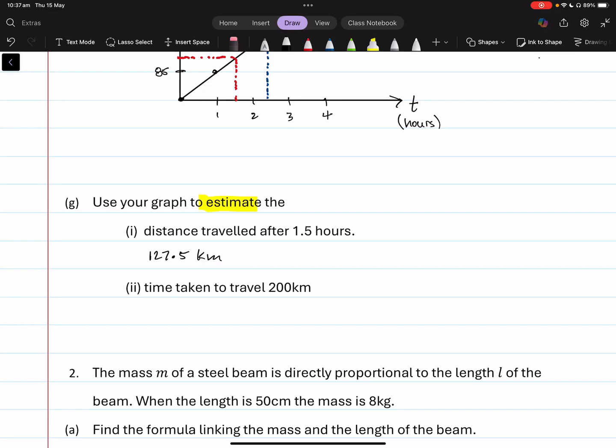So for me, I'm going to guess that it's close to 2 1/3, so 2 hours 20 minutes. You could calculate the exact, and I'll tell you that the exact is 2 hours, 21 minutes and 10.59 seconds, but there's no way you'd be able to be that accurate reading it off the graph.